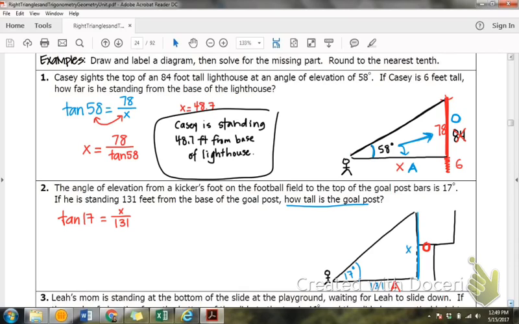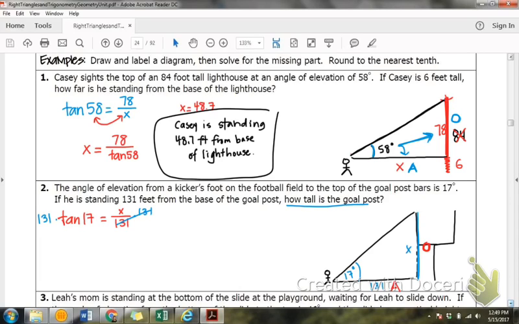How are we going to get x by itself? Ashley, what are you doing? 131 multiplied on each side. Good. Remember in your calculator, it should be exactly as it is written. 131 times tangent of 17. 40.1.